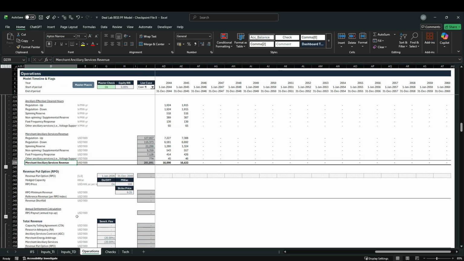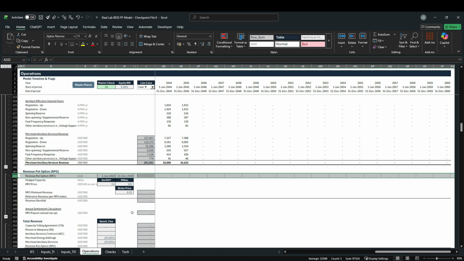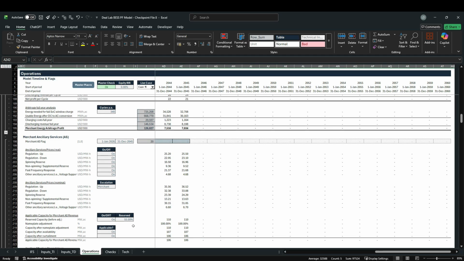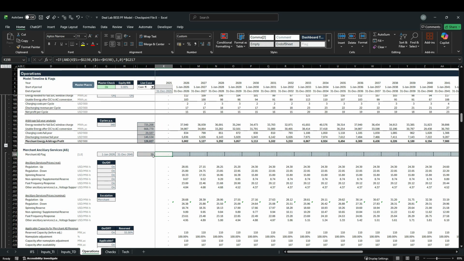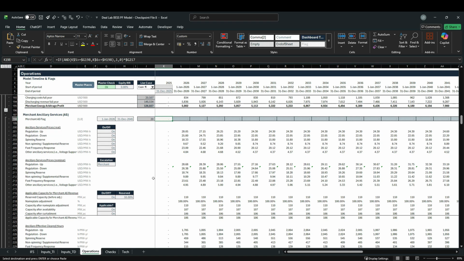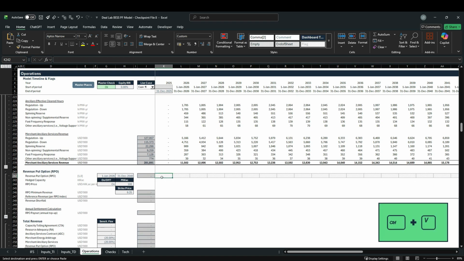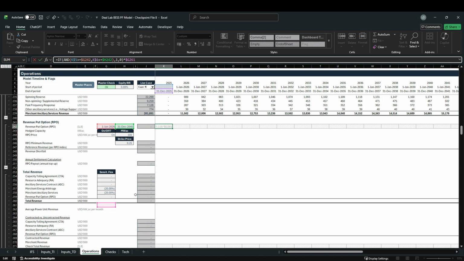Now on the operations sheet, we will actually implement the RPO. And as always, the first thing we will do is pull in our flag in row 242. And to do this, we will pick up our flag from our previous lesson where we covered merchant auxiliary services. So hit Ctrl C here, pick up this flag, Ctrl V, F2, and let's make sure that we get the on-off switch reference right.